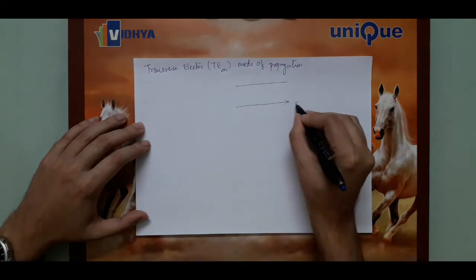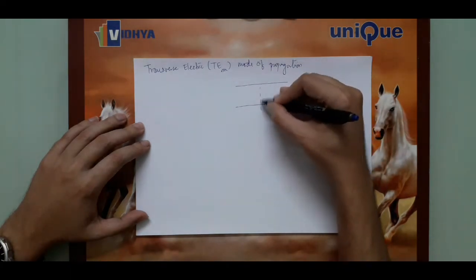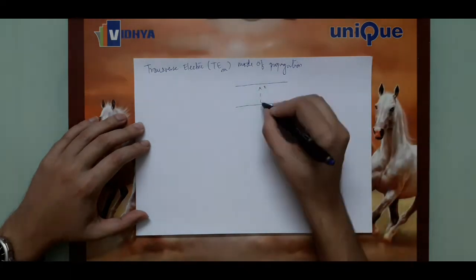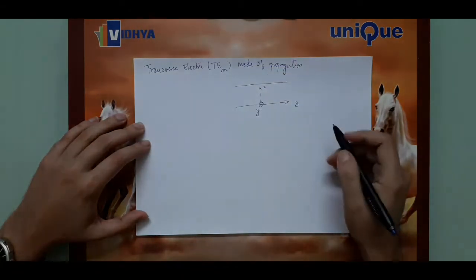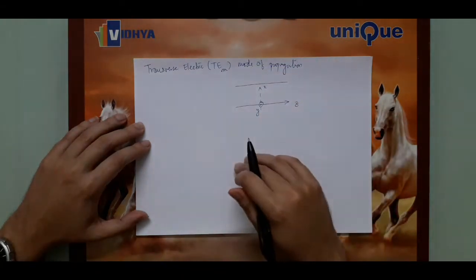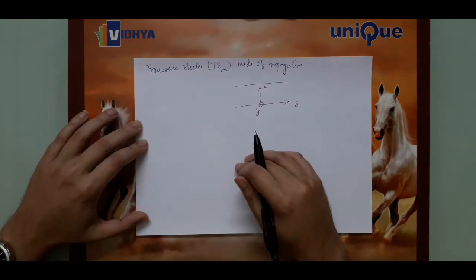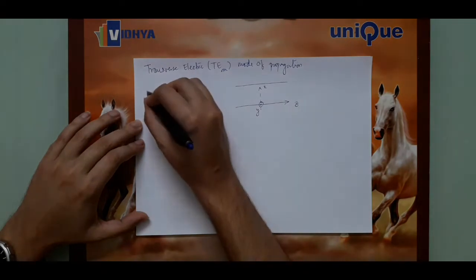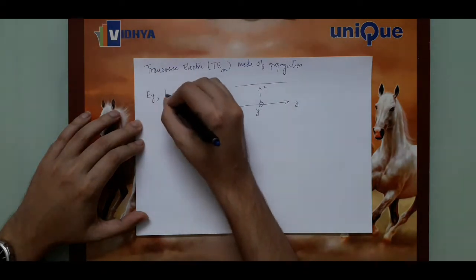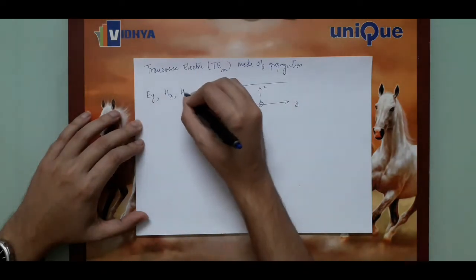We had defined this as the z-axis, this as the positive x-axis, and the y-axis is coming out of the plane of the paper. So therefore we had three field components in between the two plates, that is Ey, Hx and Hz.